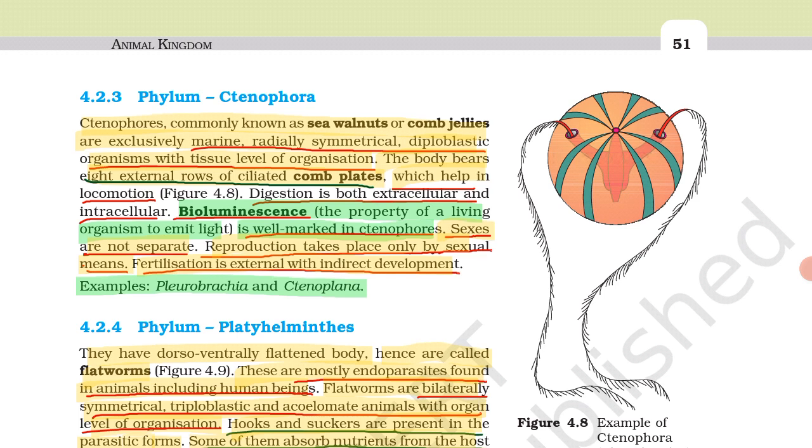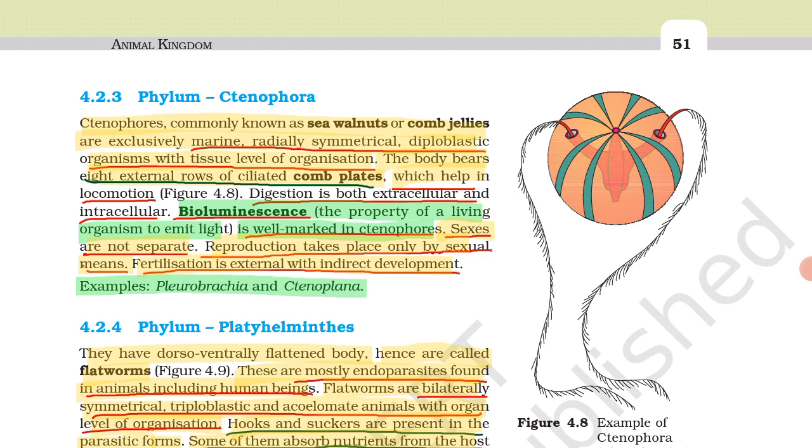They do not have different individuals for the two sexes, both sex organs are present in a single individual, and they produce eggs and sperms in the same body. The main term for this is hermaphrodite.